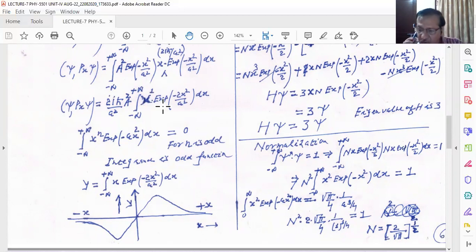So x to the power of 1, exponential of minus 2x square dx. If you want to understand, you see, this is our integrand. I consider this as y, and if you plot a graph of y versus x, this is the nature you will get.